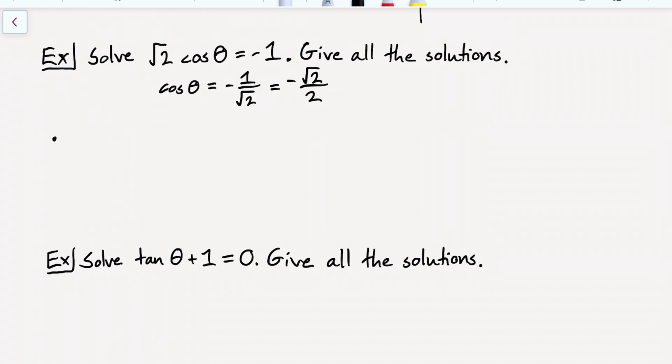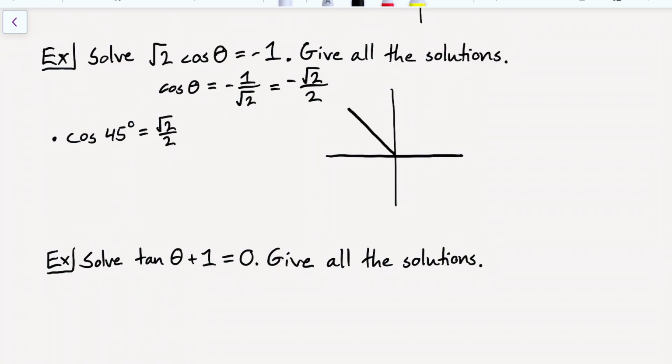So the trigonometric fact that may help us here is that cosine of 45 degrees equals root 2 over 2. And we need to find all of the solutions, not just on the unit circle, but the infinite solutions that have a cosine measurement of -root 2 over 2. Let's begin with the solutions from 0 to 2 pi.